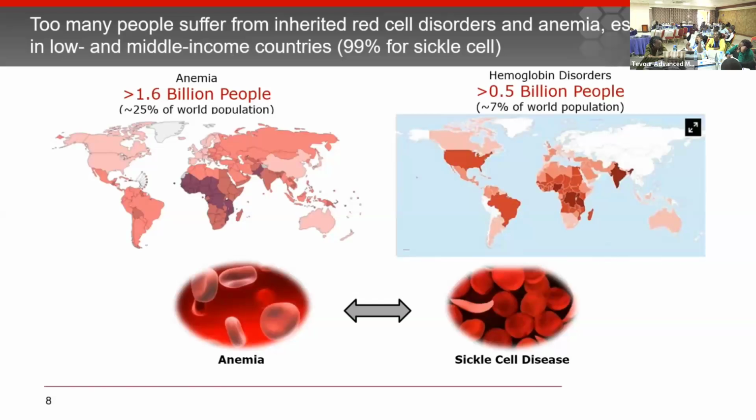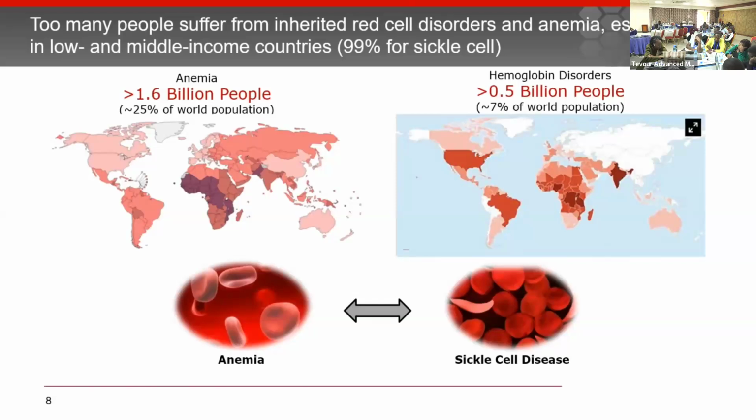Basically, these disorders affect how red blood cells behave under different oxygen levels. Specifically at low oxygen levels, they tend to change shape and become very stiff.